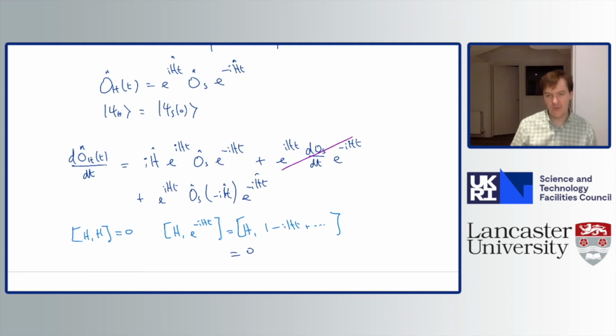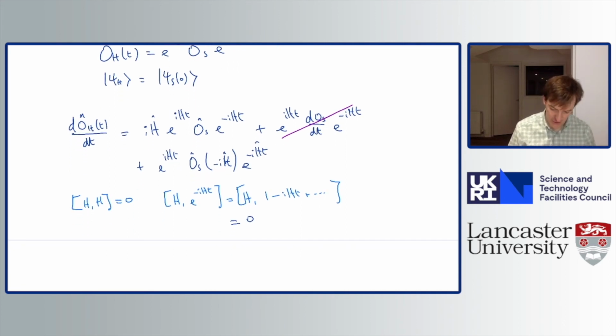So why am I mentioning that? Well, in this last term, it means we can swap the order of H and the exponential term. We're going to use the fact this commutator is 0 to bring the e to the minus iHt in front of the lone H. Do that.